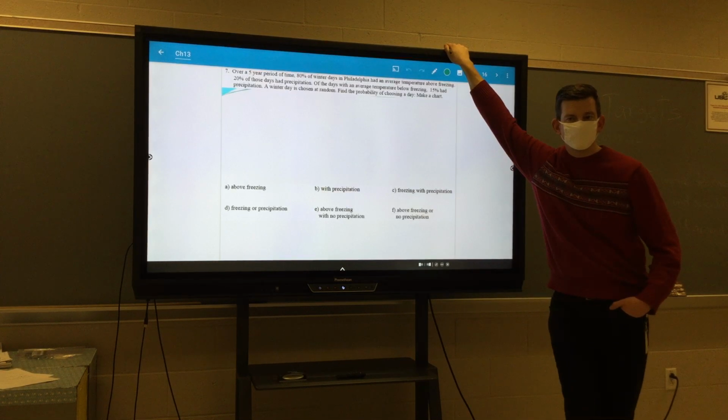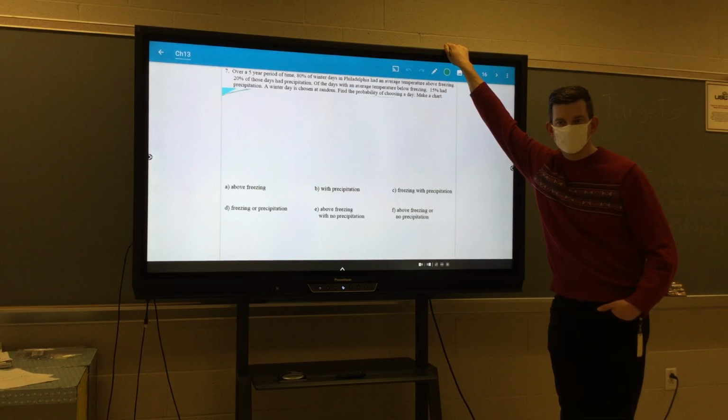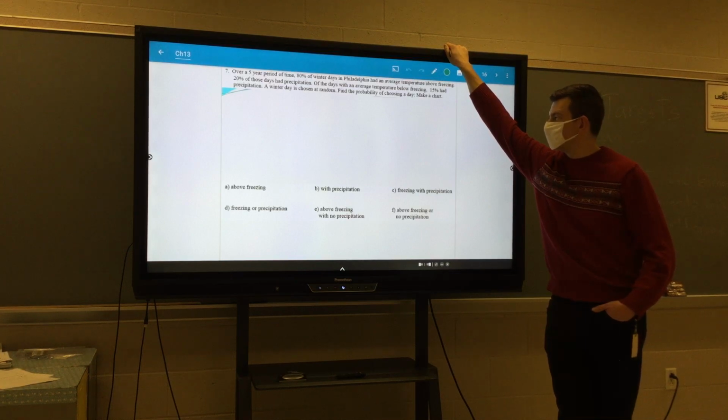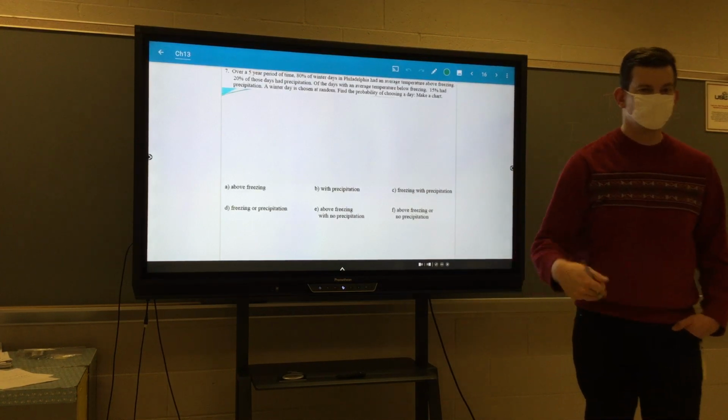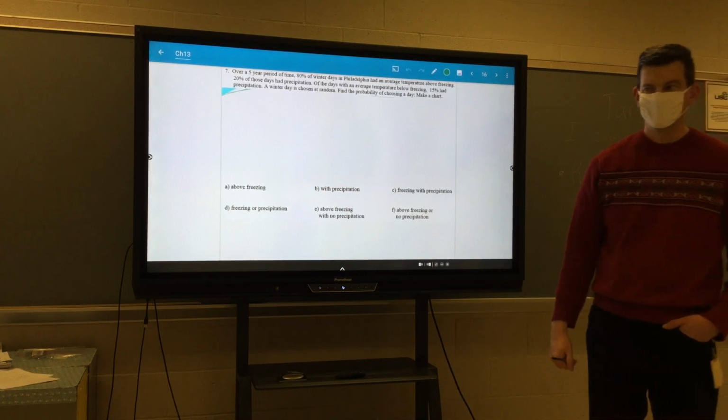Does anybody see the key difference between this problem and what we just did with the cookies? What makes this more challenging? Well, the cookie problems, we eventually knew the total number of cookies in the cookie jar.